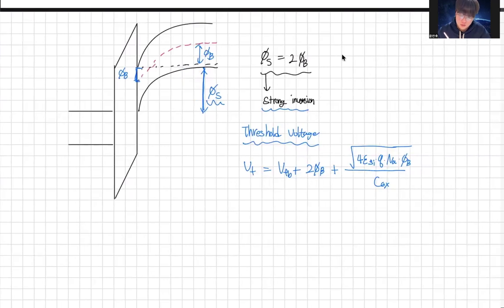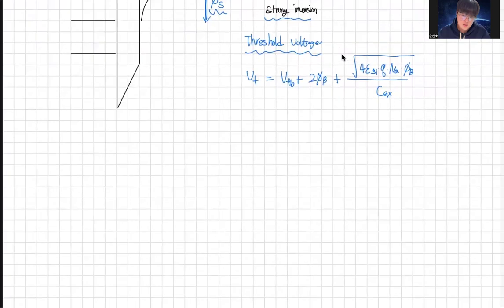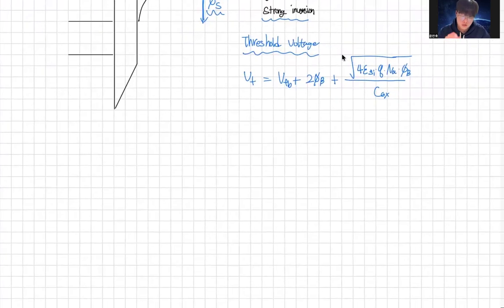This is the equation for VT. And if we draw the PMOS, we can draw it the same way.